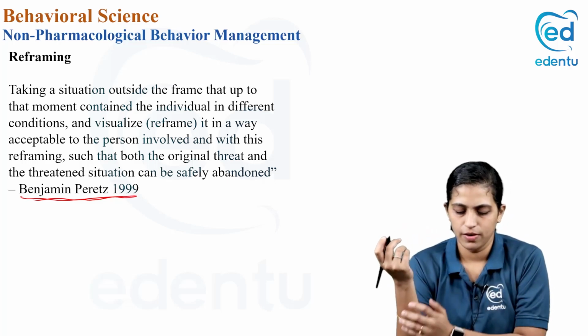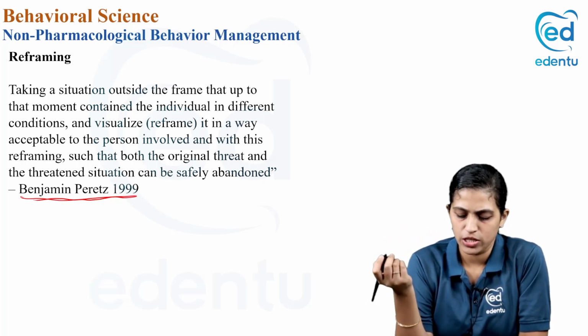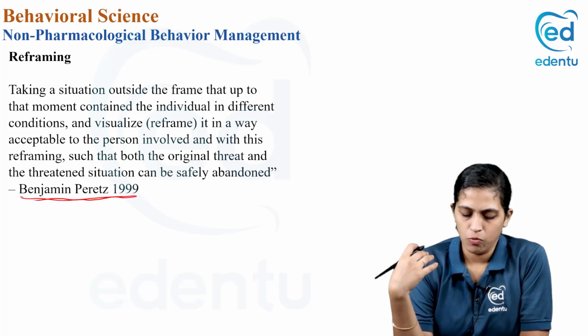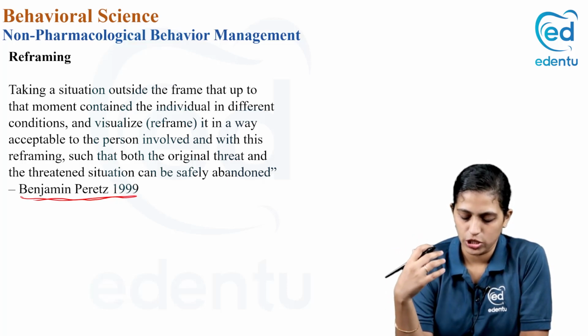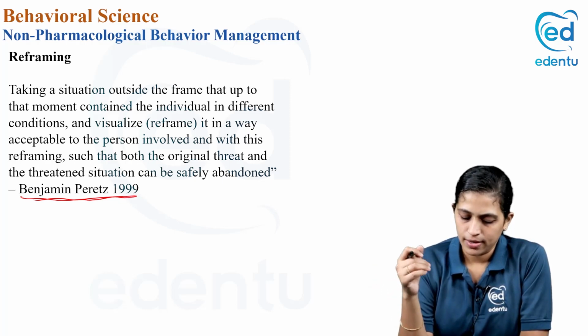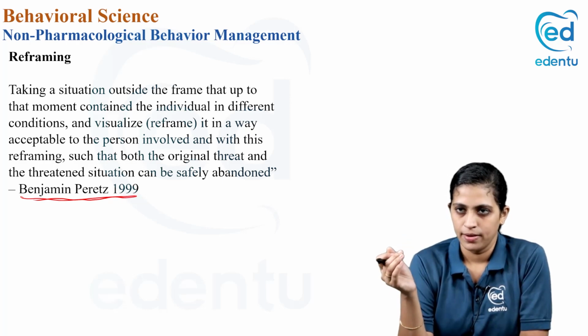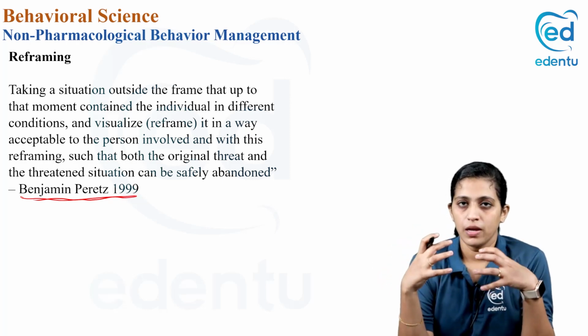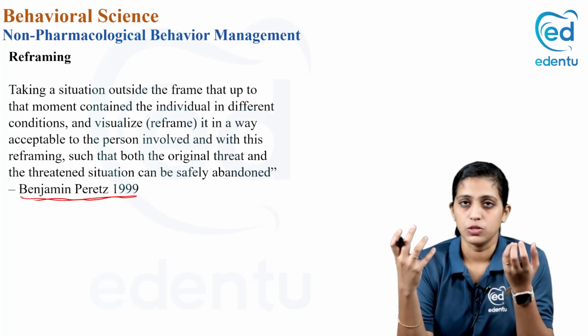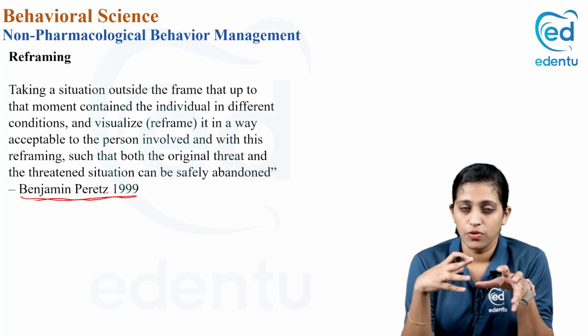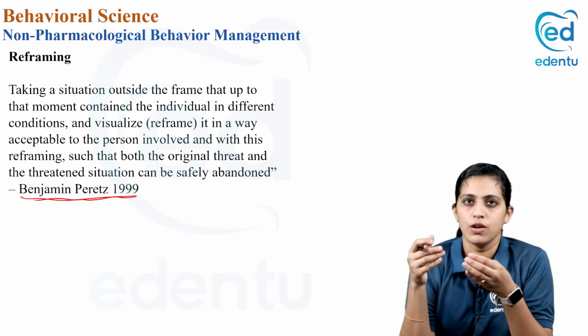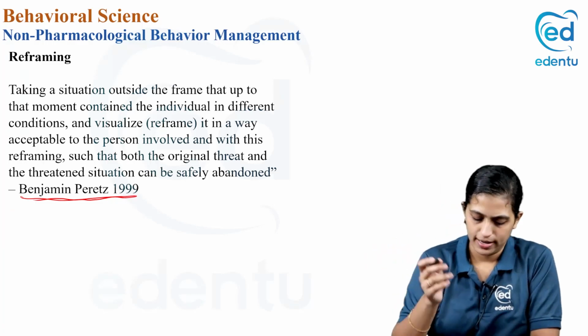So I'll read this: taking a situation outside the frame that up to that moment contained the individual in different conditions, and visualizing or reframing it in a way acceptable to the person involved, such that both the original threat and the threatened situation can be safely abandoned. So we are trying to bring a more scary or threatening situation into a more acceptable one, reframing it in a way that it will be more acceptable for the child.